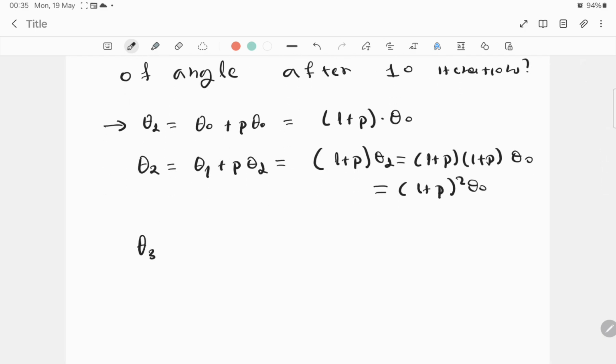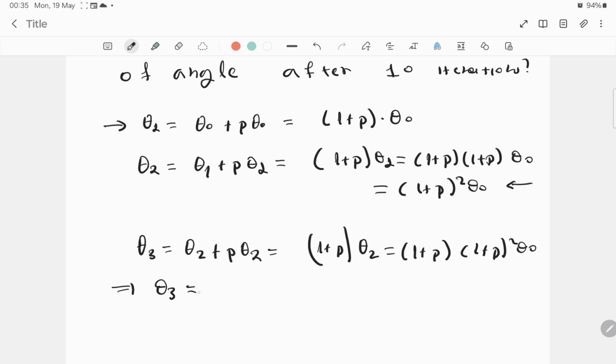Theta 3 is theta 2 plus p theta 2. I can take the common factor 1 plus p, and I have times theta 2. Theta 2 is given by this expression here.